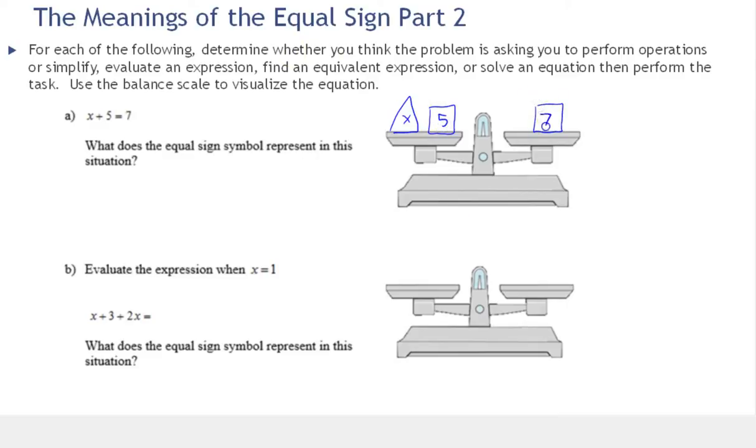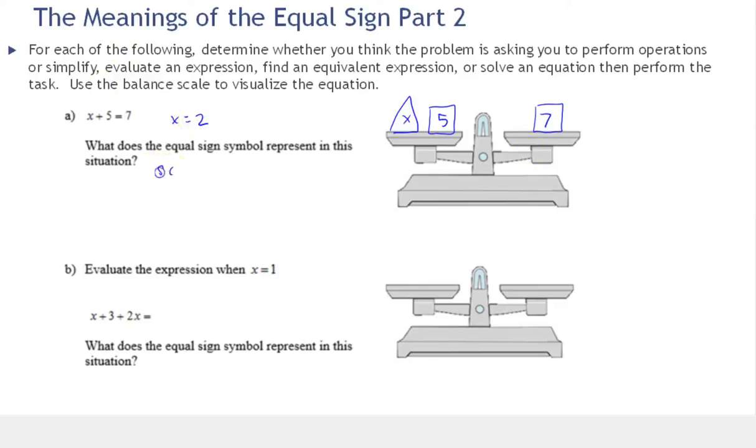The right-hand side is 7. I think you can see that in order to add something to 5 and get 7, that something would need to be 2. We're going to do this more formally later, but don't discount the power of being able to visualize these equations and see what the solutions are.